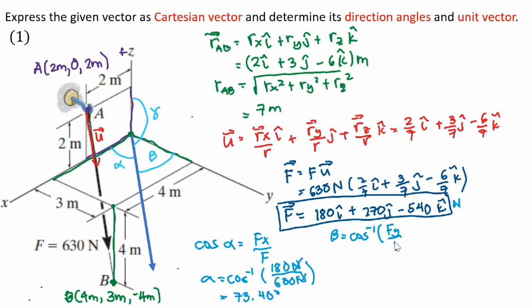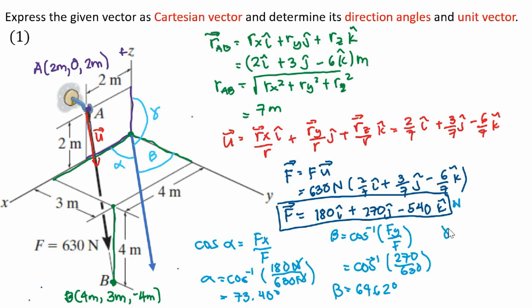For beta, that will be arc cosine of Fy over F, and that will be arc cosine of 270 over 630, so that will be 64.62 degrees.